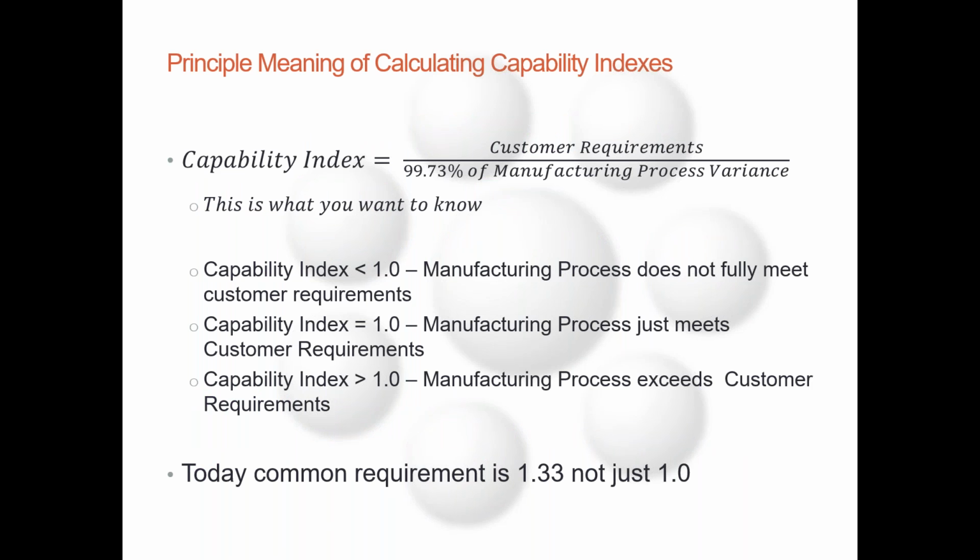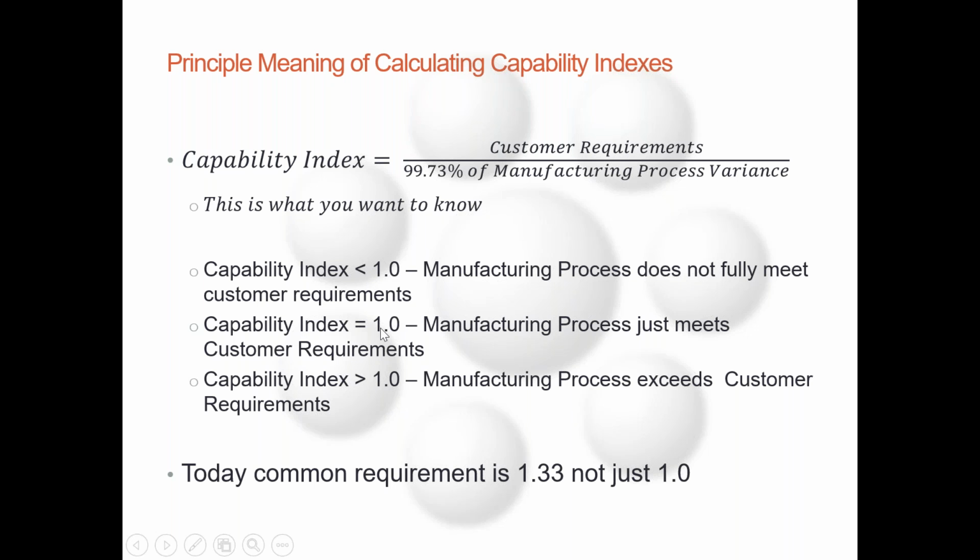Probably you have never seen capability index expressed in this fashion, but it really is customer requirements over 99.73% of the manufacturing variance. And you're trying to hit a number. So if you're less than 1, by most people's definition, you're not fully meeting your customer requirements.